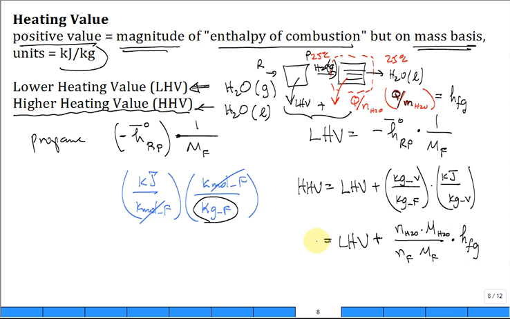And there's your equation. That's how you jump back and forth between the lower heating value and the higher heating value. The higher heating value is going to be greater in magnitude. Both of them are positive.